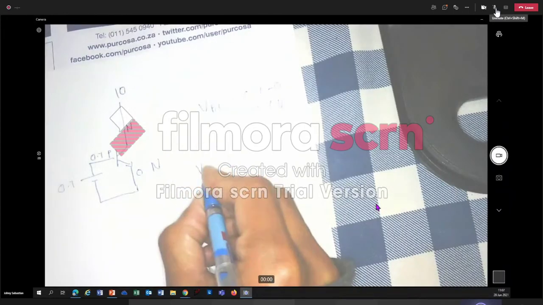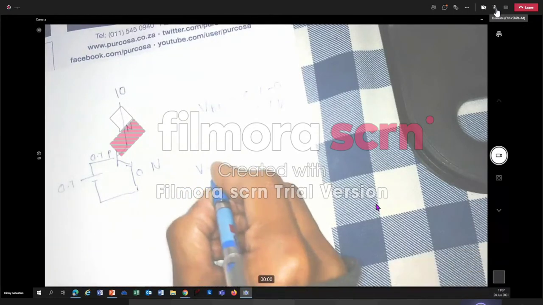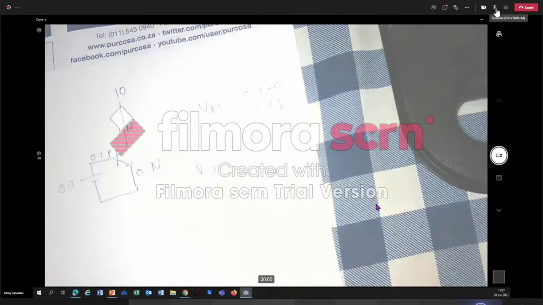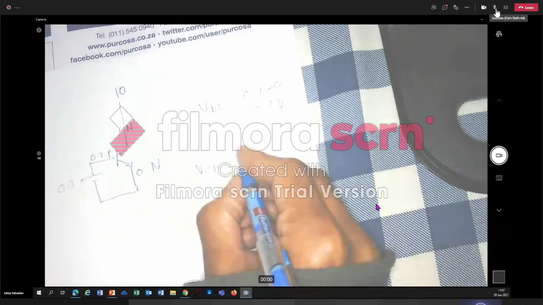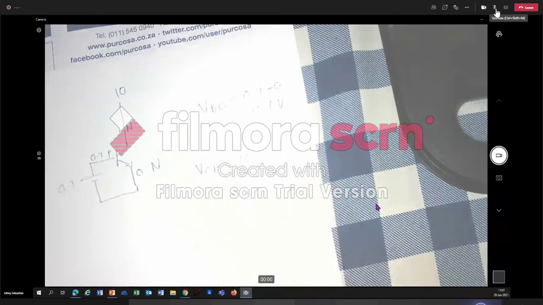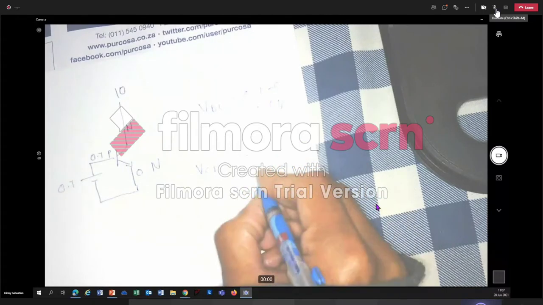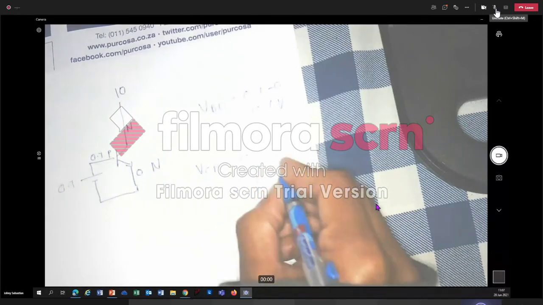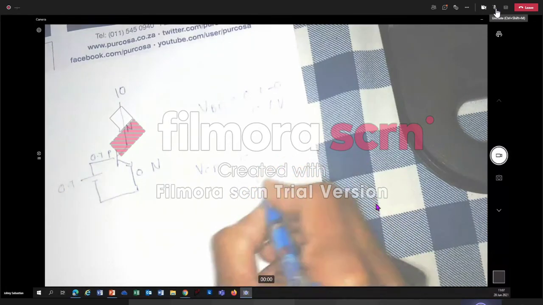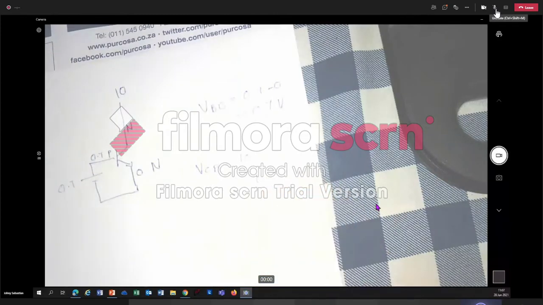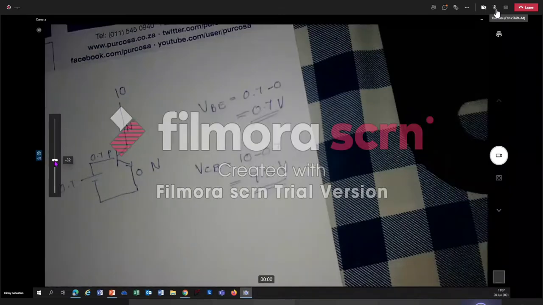What is VCB? 10 minus 0.7, that is 9.3 volt. It is not that 9.3 that you need to look at. Is it better now?